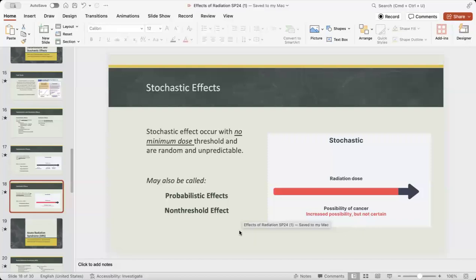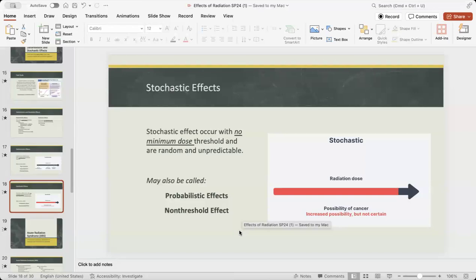But we know that it really depends on the amount you get, the type that you get, and the different type of tissues that are being exposed, and how your body is absorbing it. Depending on those things, that's going to determine whether you can experience cancer. But we know anytime we're exposed to radiation, there's a possibility that cancer can develop.